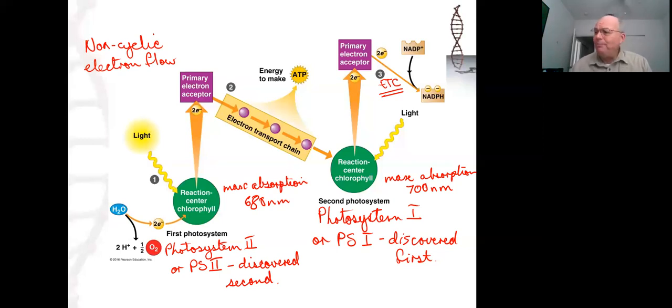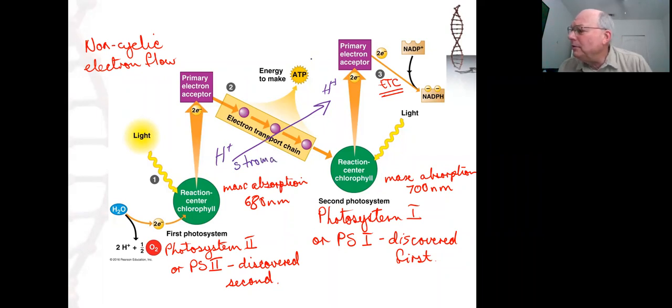So those electrons come from photosystem 2. When it gets energized by light, it produces a pair of high energy electrons. Those are captured by its primary electron acceptor and passed off into an electron transport chain that connects the two photosystems together. Within that electron transport chain, you see the movement of hydrogen ions not from the matrix to the intermembrane space, but from the stroma to the thylakoid space.